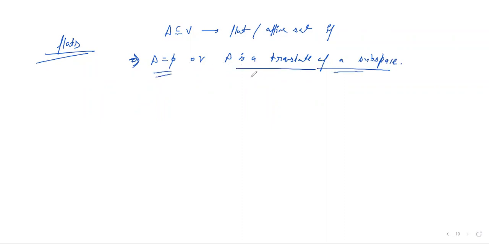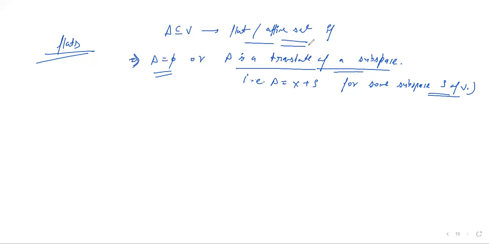What does it mean? That is, A equals x plus S for some subspace S of V. Then we can say that A is a flat or affine set.